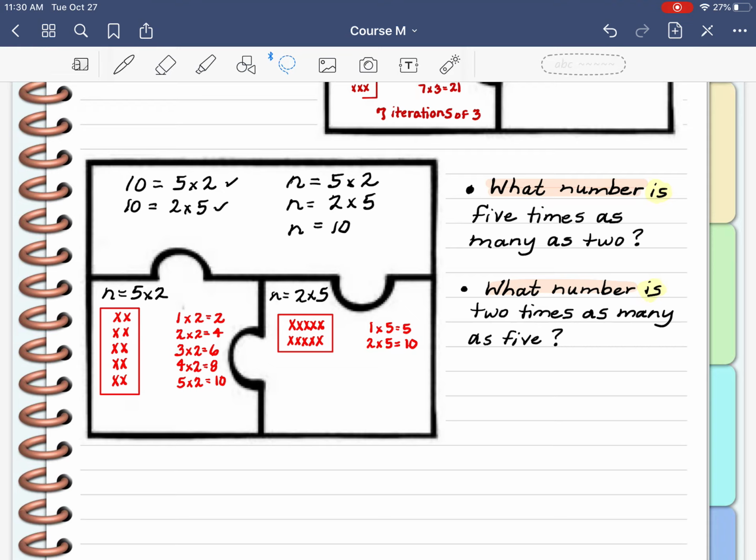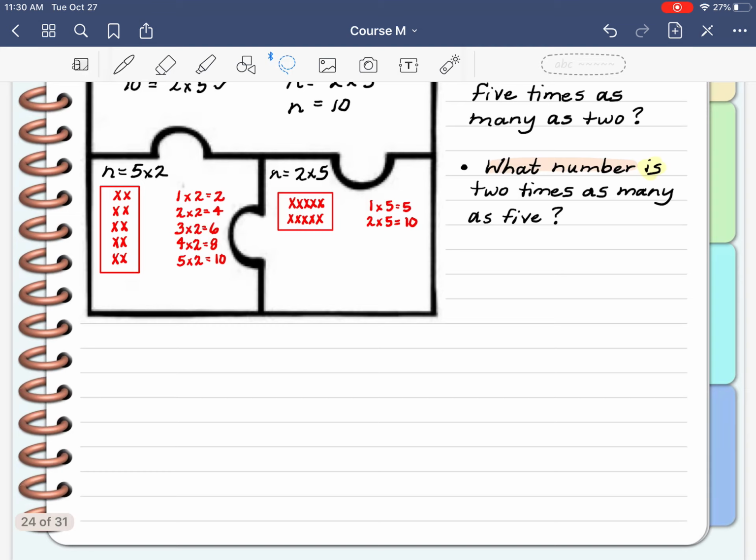The second thing that I want you to remember, and this is the key thing, is that with multiplication, the order of the factors does not matter. 1 times 10 is the same as 10 times 1. You can reverse the order in multiplication and addition, by the way, because you're building up those quantities.